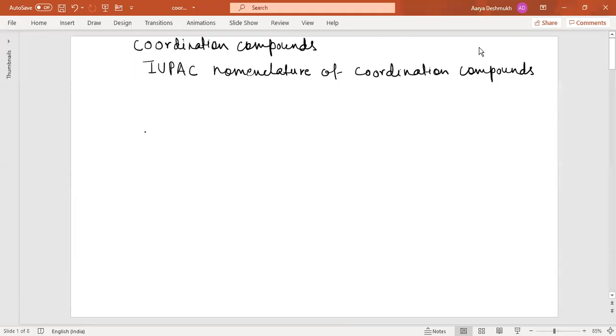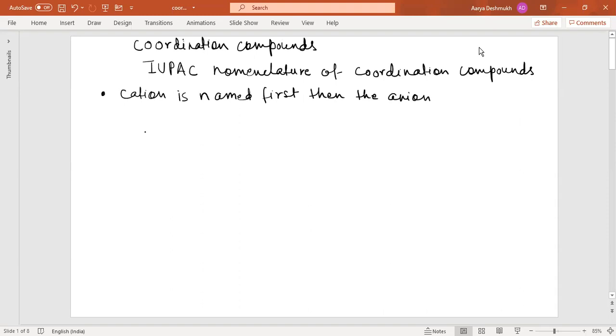Let us start with the IUPAC nomenclature of coordination compounds. The first thing you should always keep in mind is that the cation is named first, and then the anion.